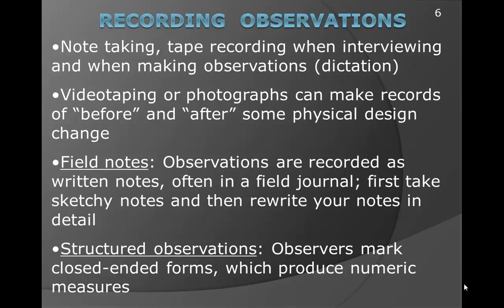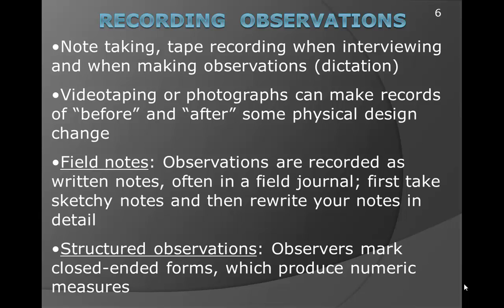However, note that you cannot capture everything. You're looking through a very limited view. Video cameras may be used in public places to record simple phenomenon. Still photographs may be appropriate to record some types of observations, such as if you were doing a field observation of graffiti or littering. Audio recorders can be useful for dictating observations, so instead of writing everything down, you're speaking into a recorder.